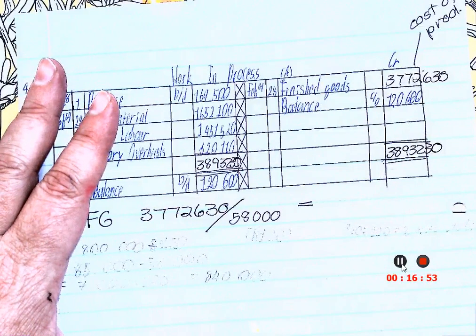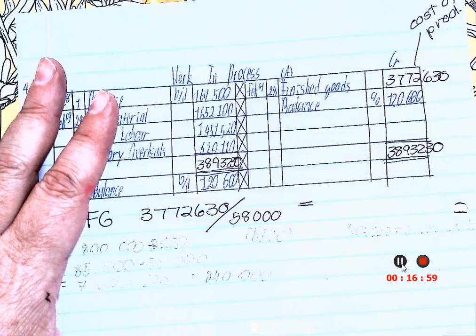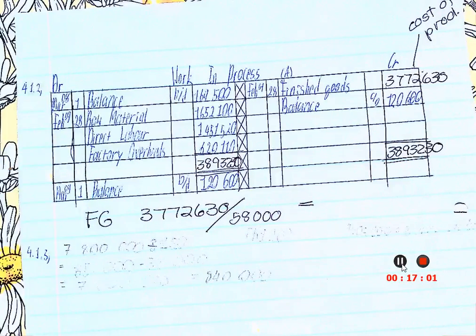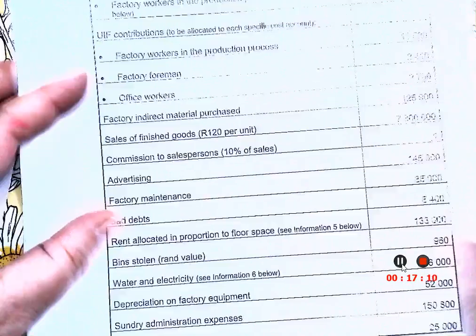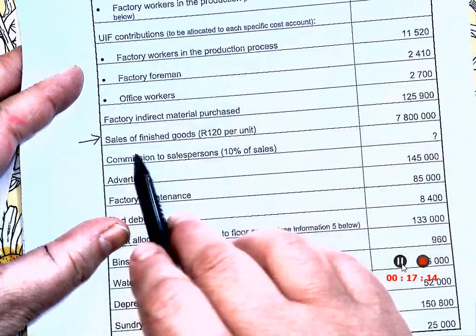No, but also here, they say sales of 220 per unit. Yeah. Okay. So what he's talking about, he says, what about this sales? Now remember, that is the selling price.